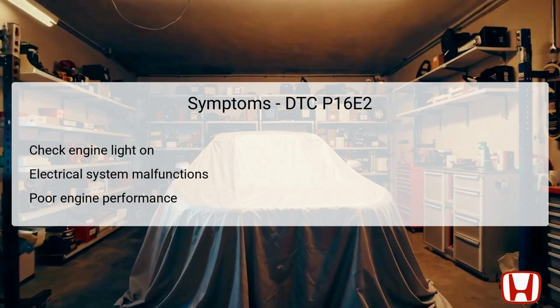Additionally, drivers may experience various electrical system malfunctions, such as failure of accessories or reduced battery charge, pointing toward alternator problems. Drivers might also report poor engine performance due to the PCM's compromised ability to manage engine functions effectively in the face of communication errors.